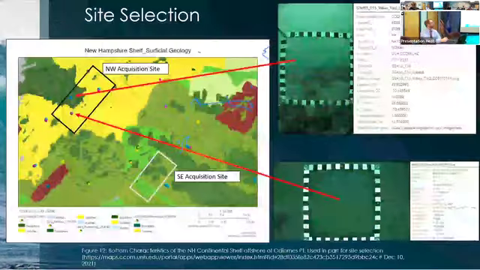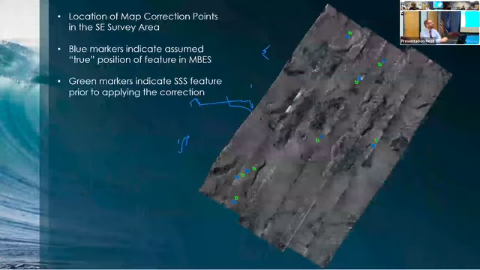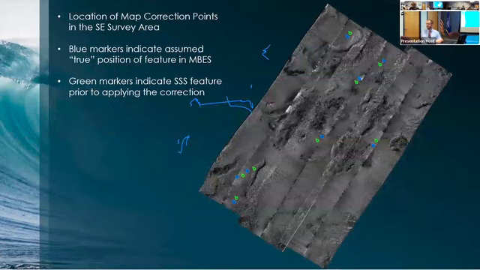It depends on how good the position of the fish is. If we had a USBL and the correct offset, I don't know what the results would have been.